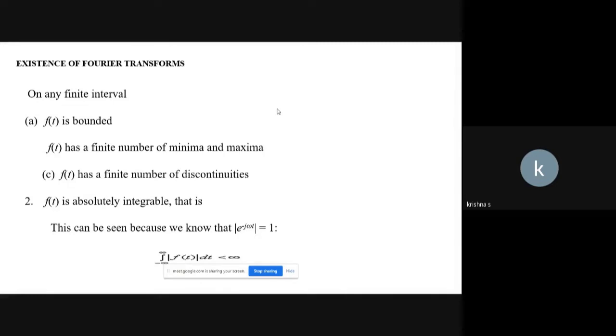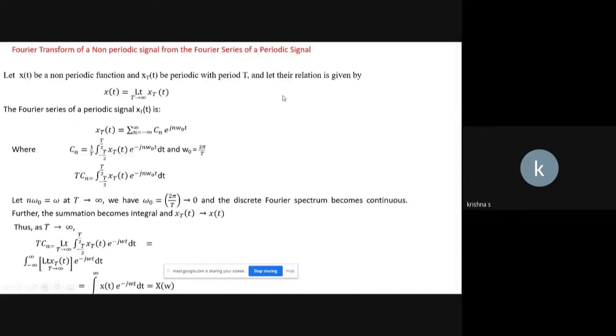We can derive the Fourier transform from our Fourier series of the periodic signal. Here we take an infinite duration signal, because it is not periodic, it is an aperiodic signal. So x of t is the exponential Fourier series, the sum from minus infinity to infinity of cn e to the power of j n omega naught t.